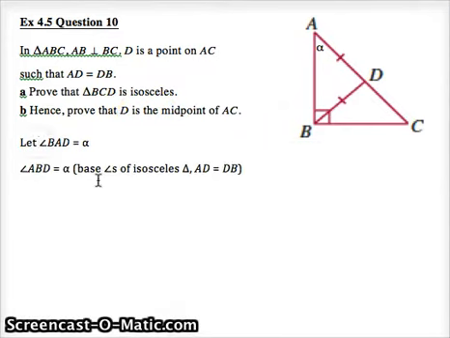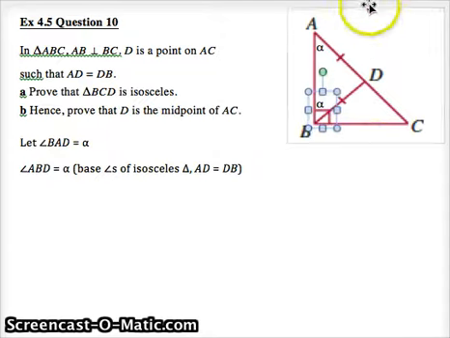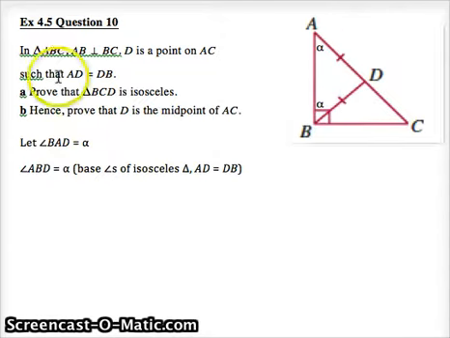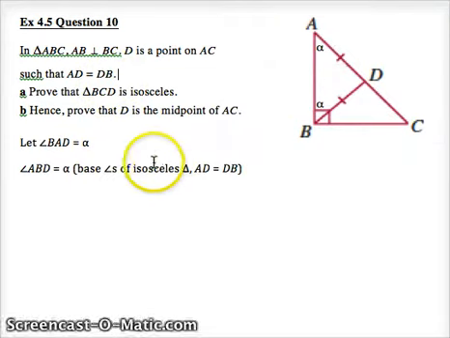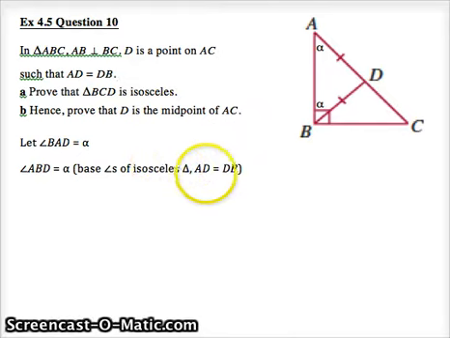So we've got that angle ABD is also equal to alpha, because we've got base angles of isosceles triangle, and the reason for that is that AD equals DB. You need to say that because in the question we were never told that ADB was isosceles. So in this reasoning here, you need to give the reason why it's an isosceles triangle, and that's because you have these two equal sides, AD equals DB.